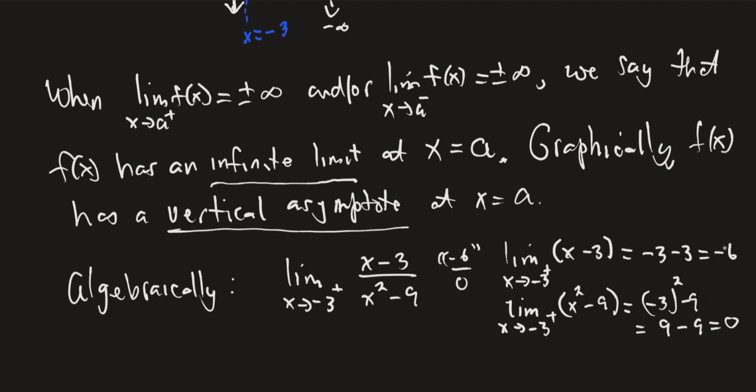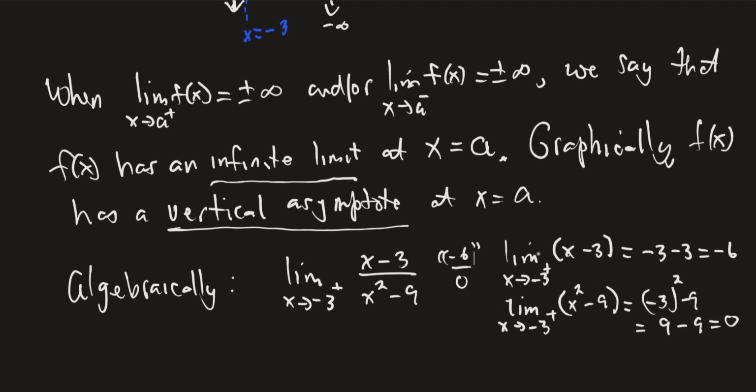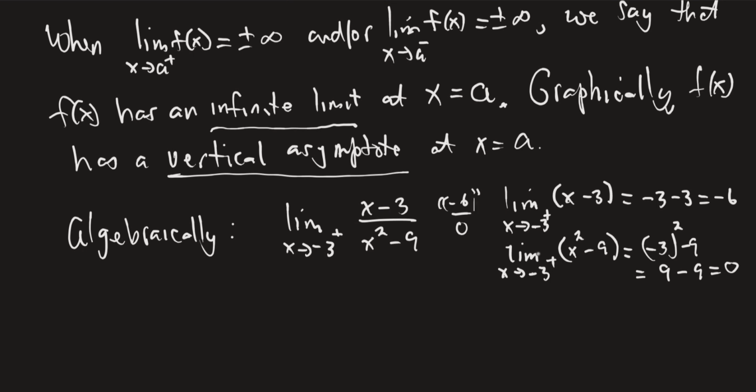So what you end up having is a number that's close to -6 being divided by a number that's close to 0, right? So in other words, it would be something like this. -3 plus means that I'm just a little bit bigger than -3.